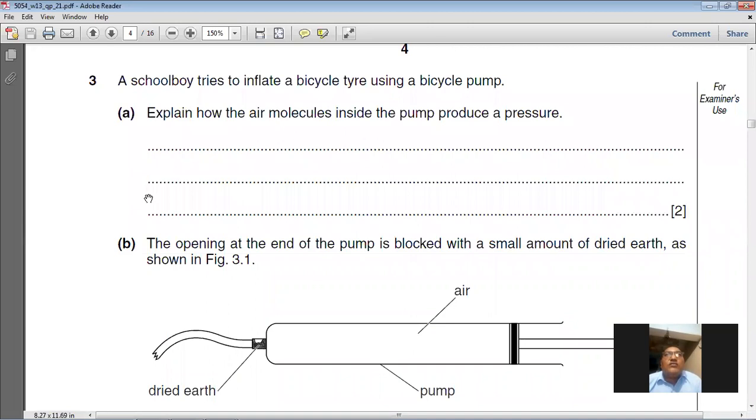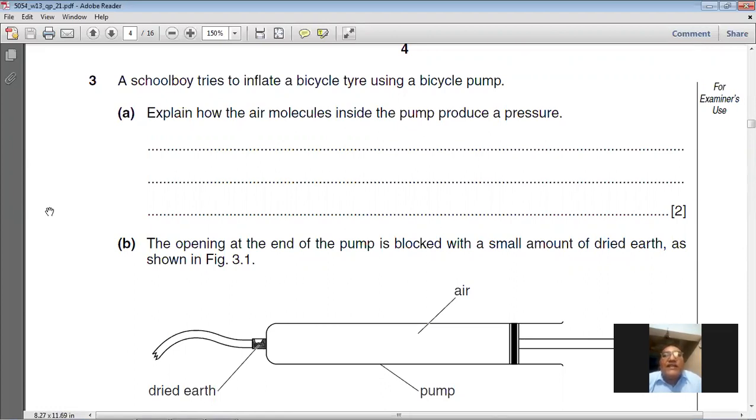Now, on your screen, we have question number 3. A schoolboy tries to inflate a bicycle tire using a bicycle pump. Explain how the air molecules inside the pump produce a pressure. You see, inside the pump, we have air molecules. Air molecules are moving randomly in all directions.